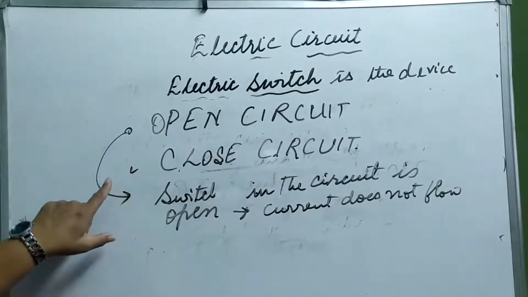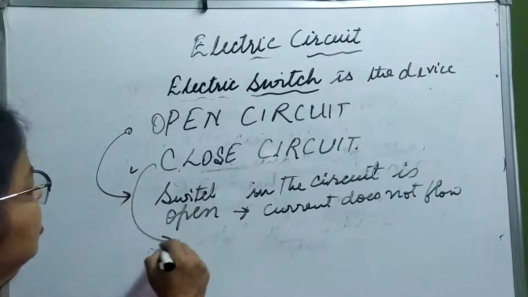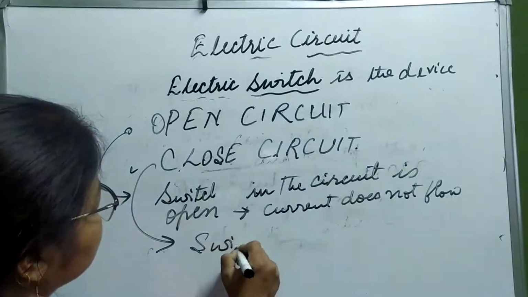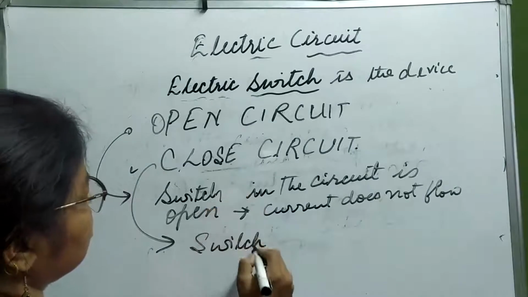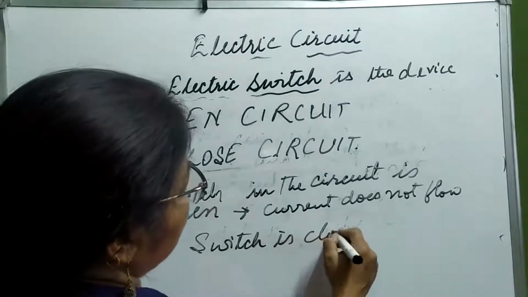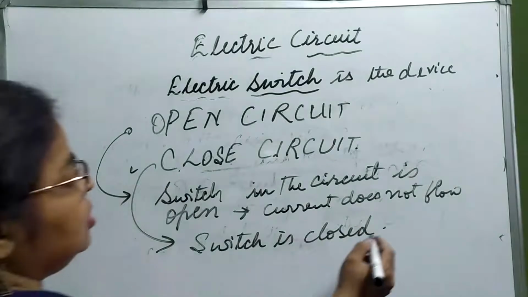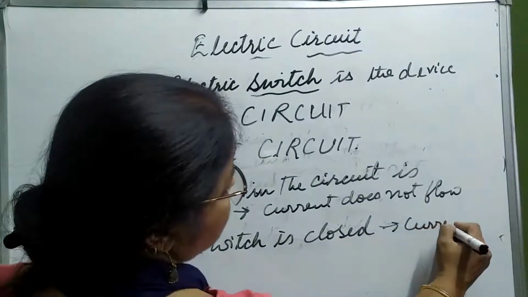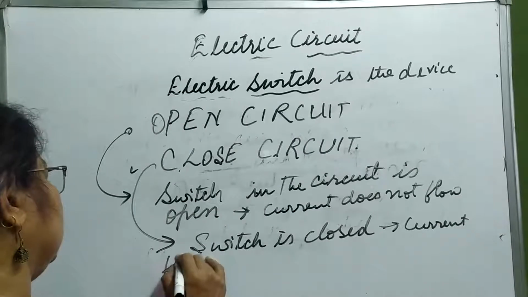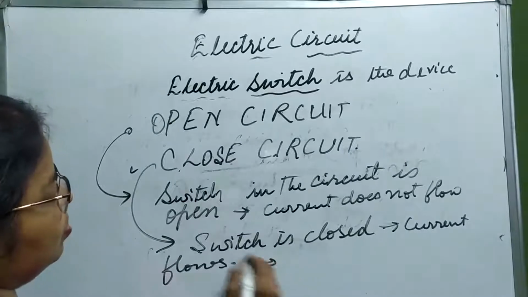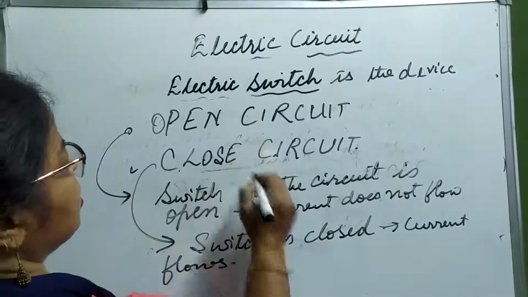Then comes closed circuit. What happens in the closed circuit? In which the switch is closed, so the current flows. Current is flowing through the circuit. So such type of circuit is said to be closed circuit.